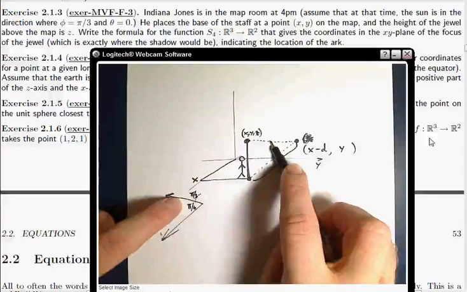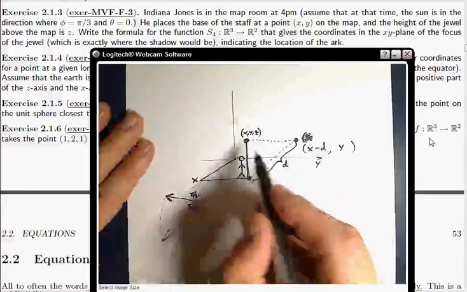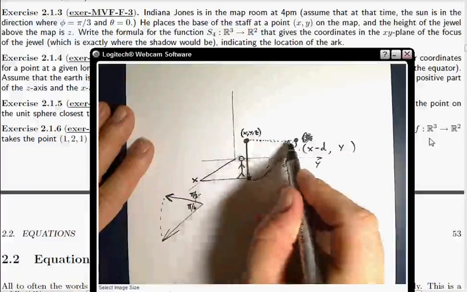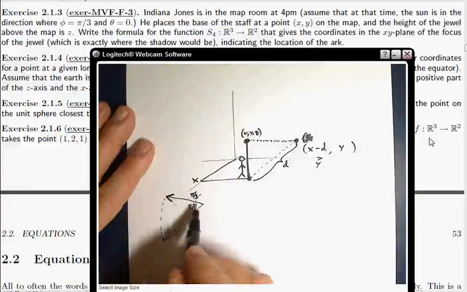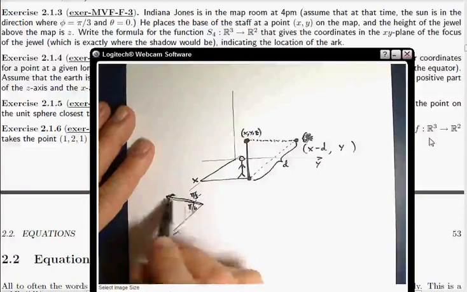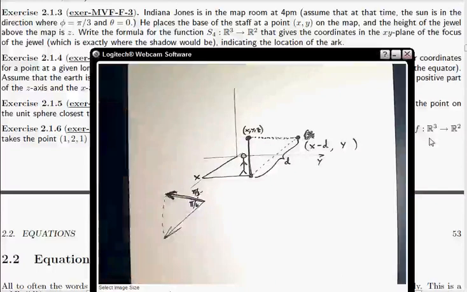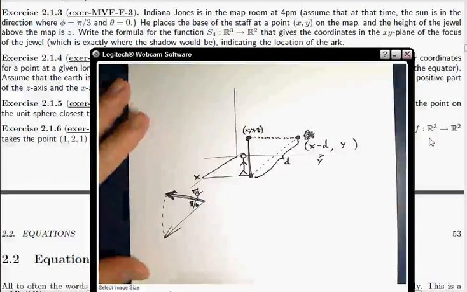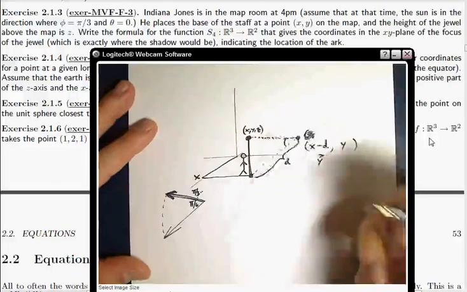Does that make sense? Okay, parallel. This little dotted line here is supposed to be parallel to this. That's the direction the sun is in. In other words, shadows get cast radially from the sun. So what that tells me is that angle there is pi over 6.